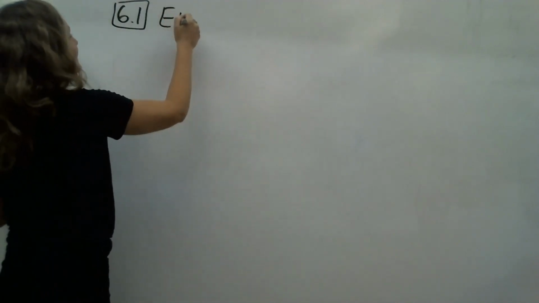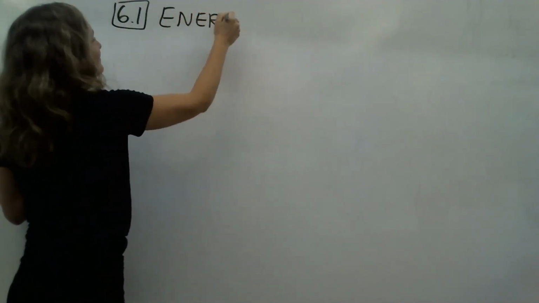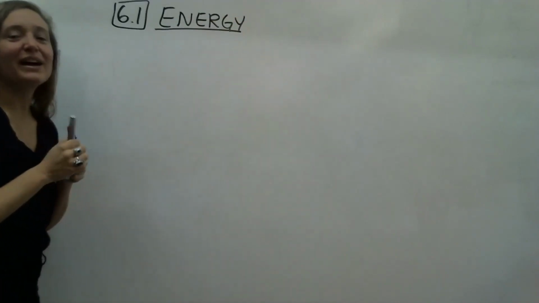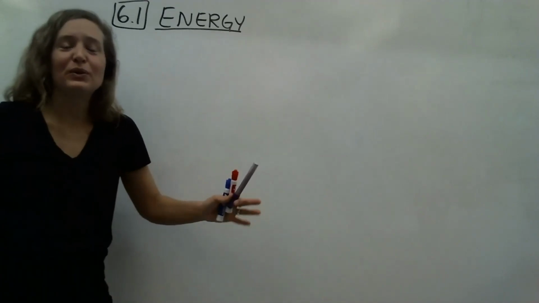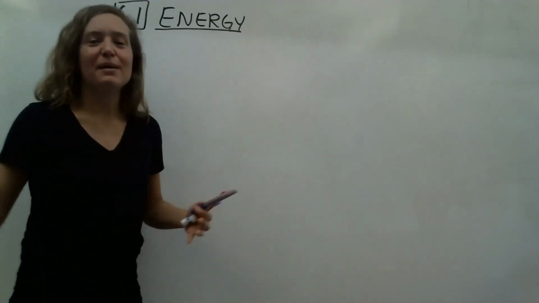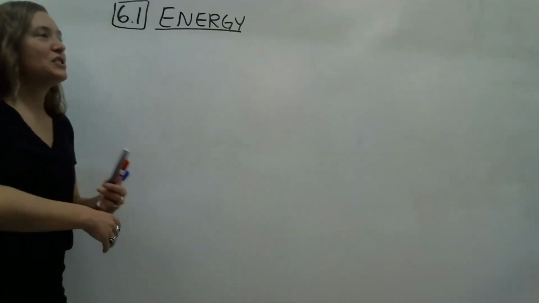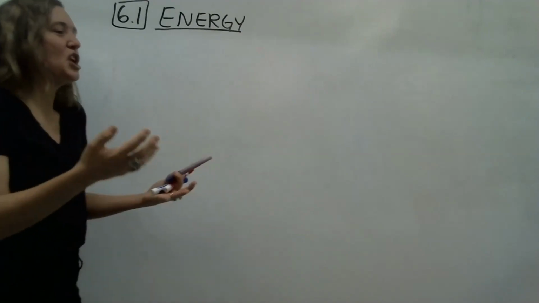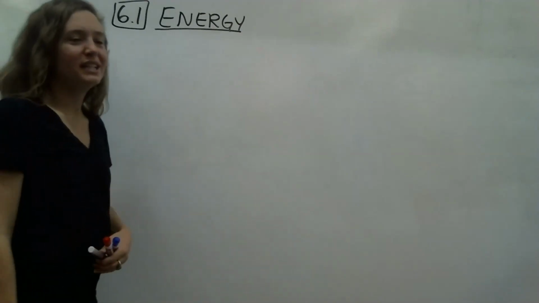Okay, energy. Energy is involved in everything. Everything we do, we're taking energy right now from our food and using it to do chemical reactions in the body. Energy is involved everywhere. Every chemical reaction, every change you think of involves energy.